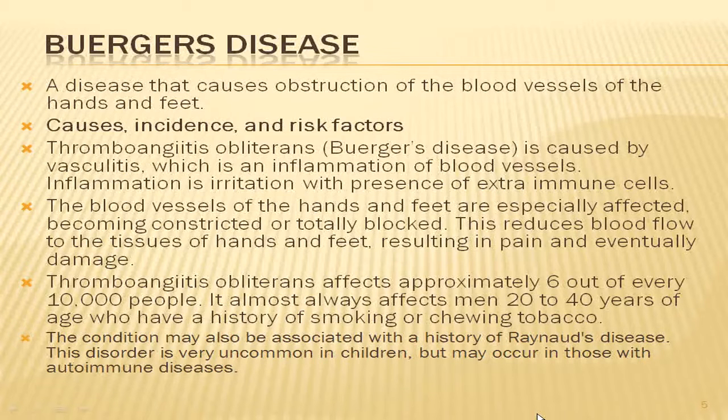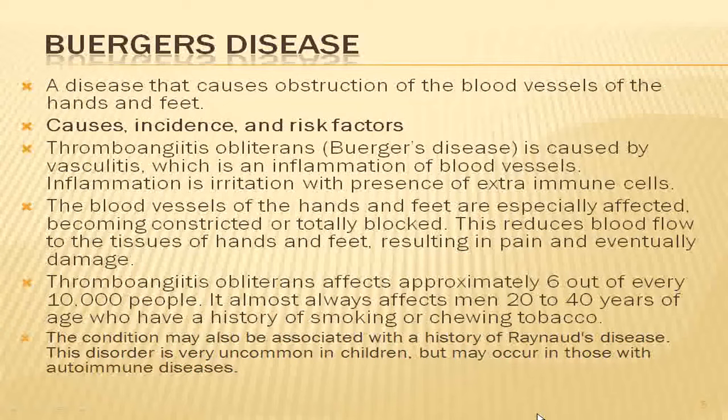The reason that we see Buerger's disease develop, it says in your book, is that it's a type of arteritis, which means that it's an inflammation of the artery. And as a result of that inflammation, the person cannot have blood flow effectively through that area, but it's not a blockage. It's because of inflammation of that artery that's obstructing the blood flow.